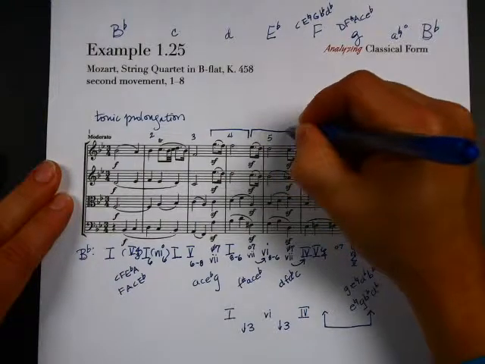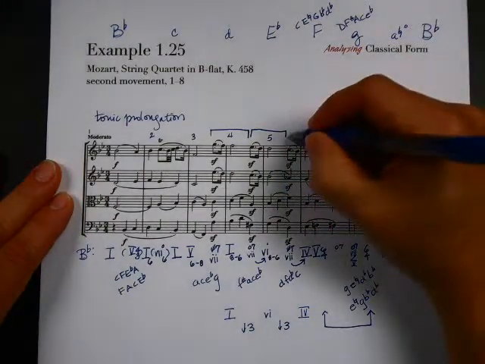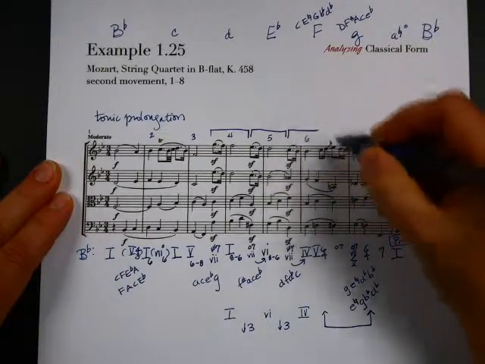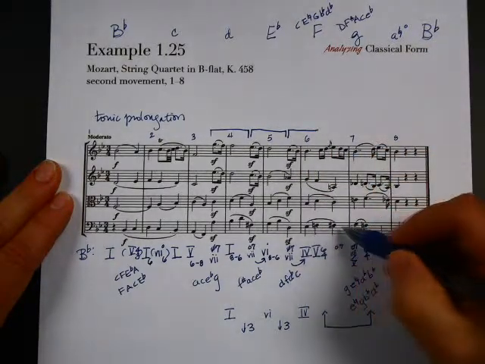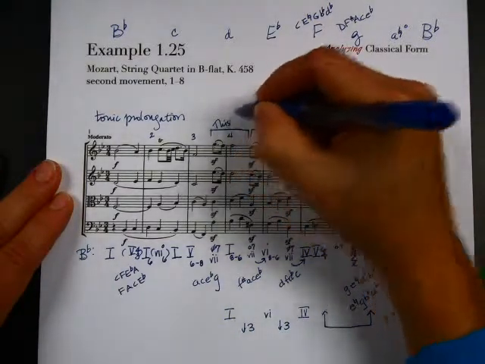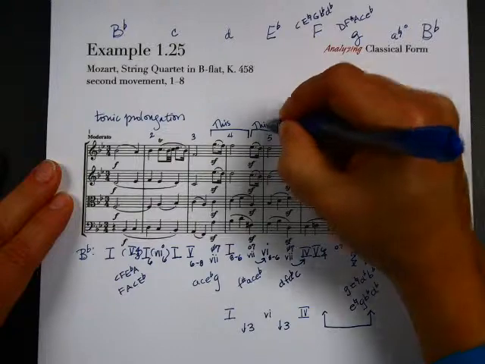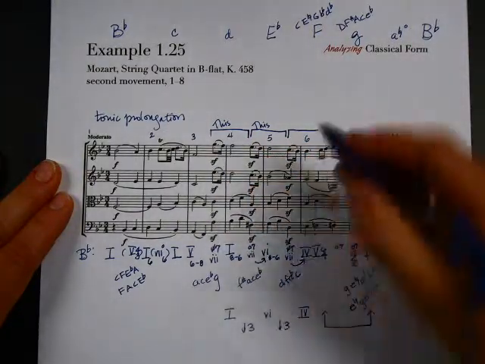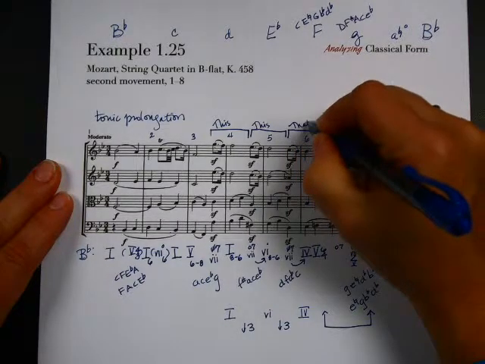And the third sequence begins similarly, but then moves in a different direction. Some people would recognize that structure of an initial statement, sequence, sequence, in which that third statement is different. Starts the same, but then differs.